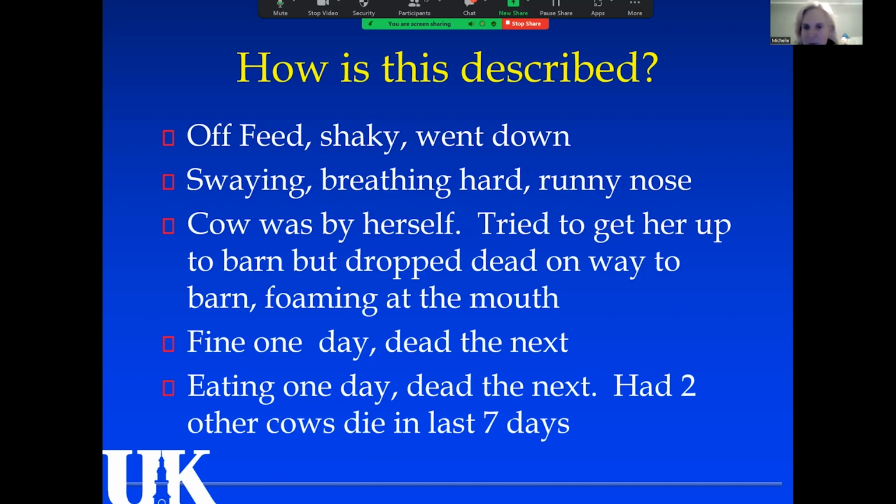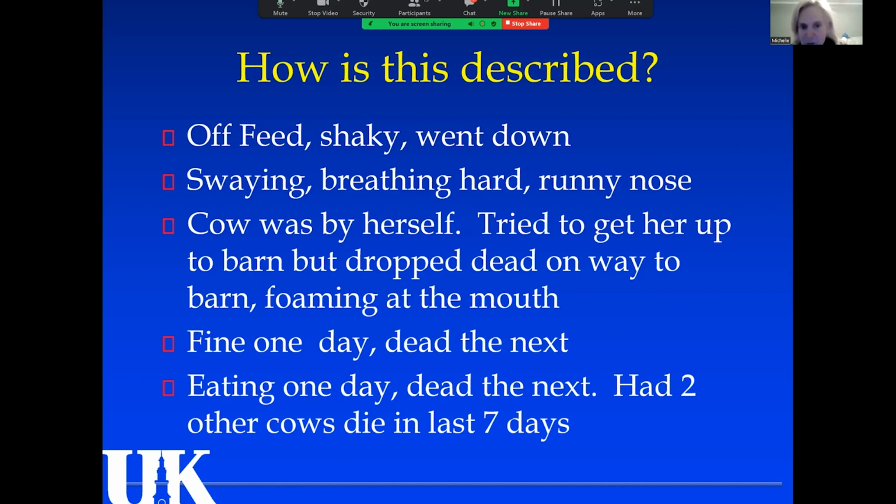So a lot of times, think about that. If you saw your animal swaying and breathing hard with a runny nose, you'd think pneumonia. But actually they're breathing hard because they're trying to move oxygen, trying to get more oxygen in, when that's really not the problem. The reason they're not getting enough oxygen is they don't have the red cells to carry it.